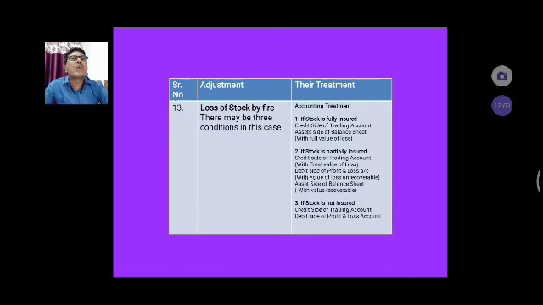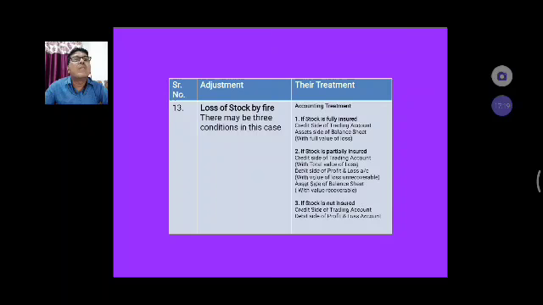Number 13, loss of stock by fire. There may be three conditions in this case. First, if stock is fully insured: credit side of trading account and asset side of balance sheet with full value of loss.